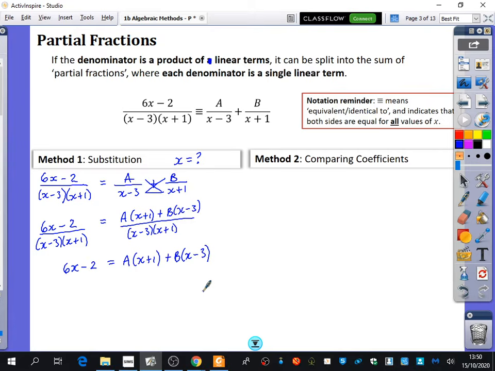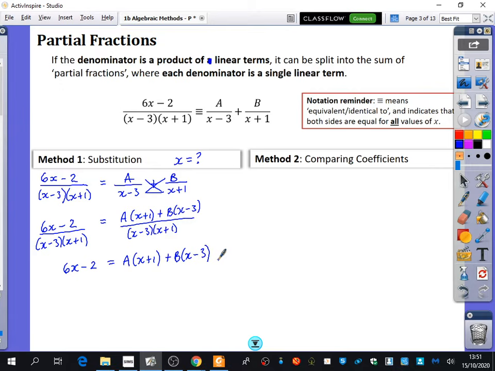Who said 3? Yeah, Ibtiaz, we could substitute in 3. Why is 3 a good idea? Good. So if x was 3, this bracket here would be 0, which means B is no longer involved, which means I can find out what A is.